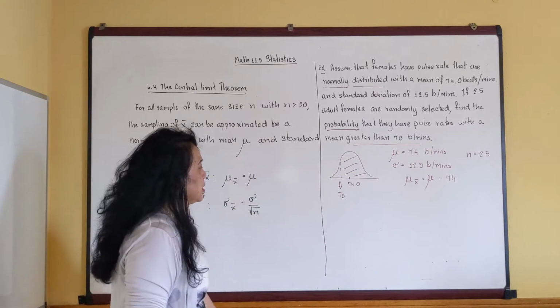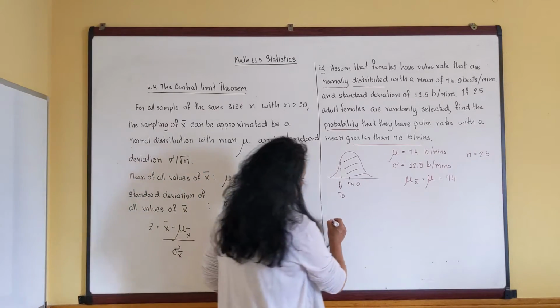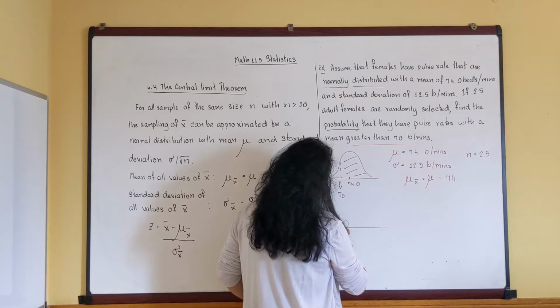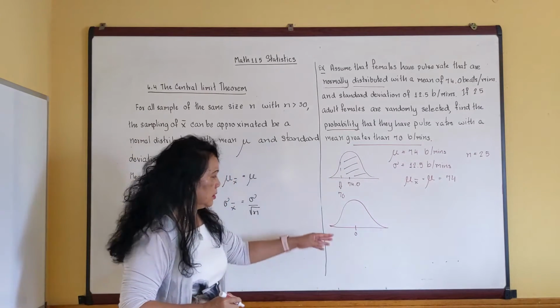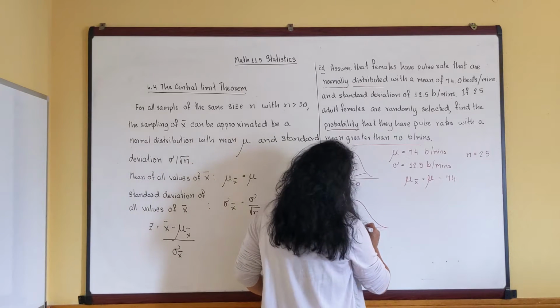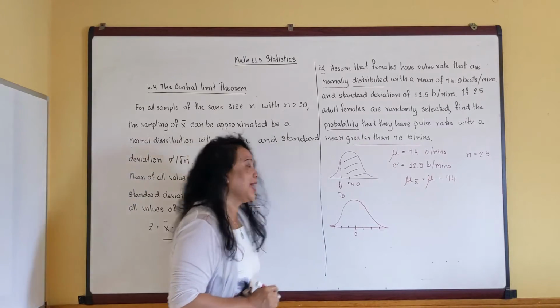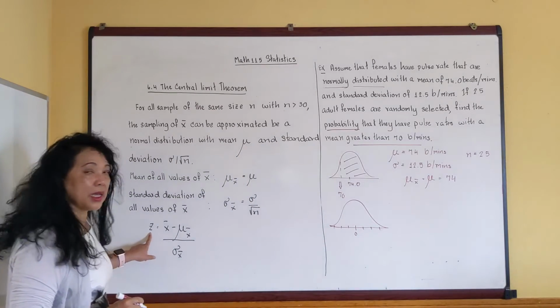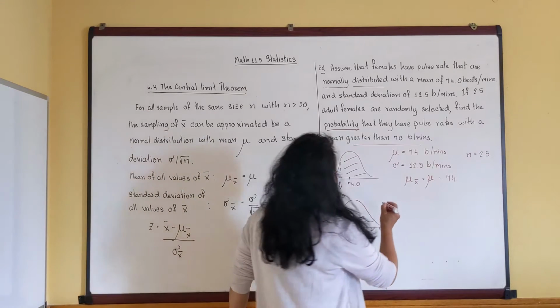This is the normal distribution curve. We have to convert it to the standard normal distribution curve, which is also bell shaped, with 0 in the center, negative to the left, positive to the right. I'm going to use this formula to find the z-score.